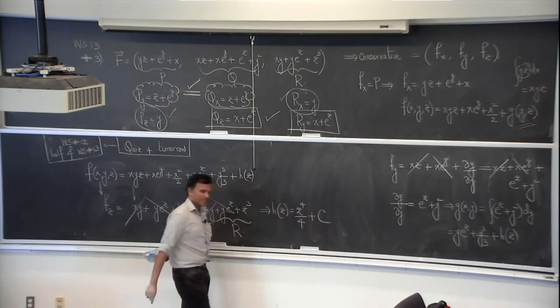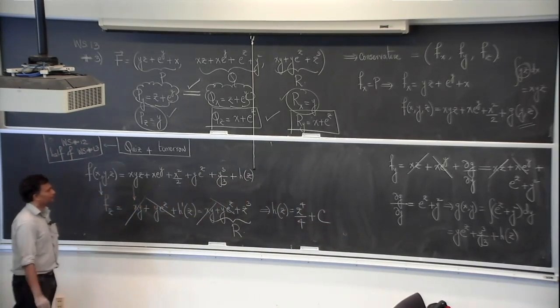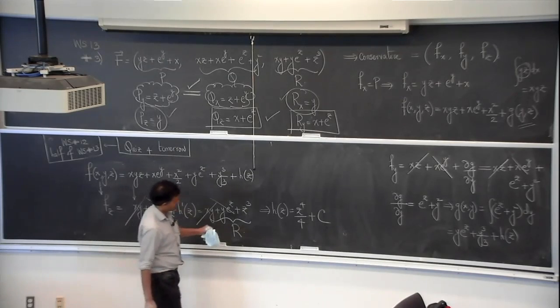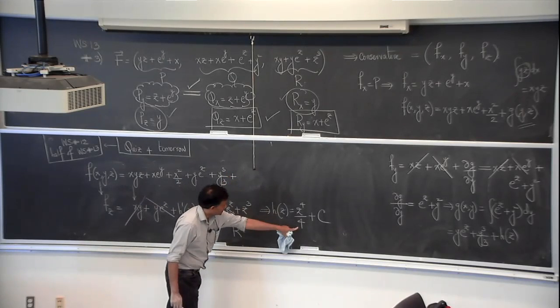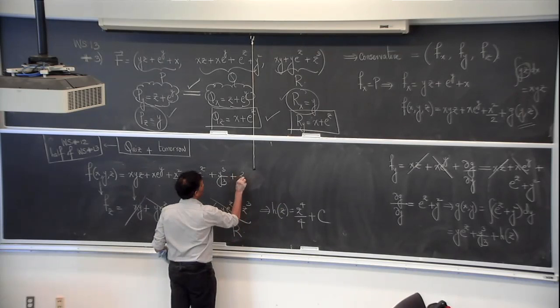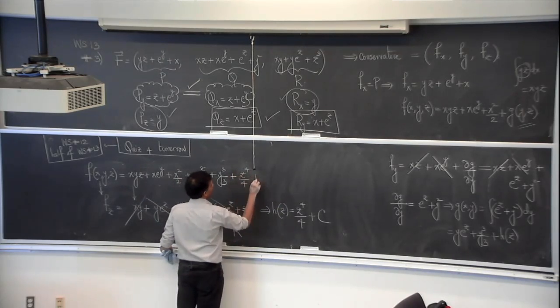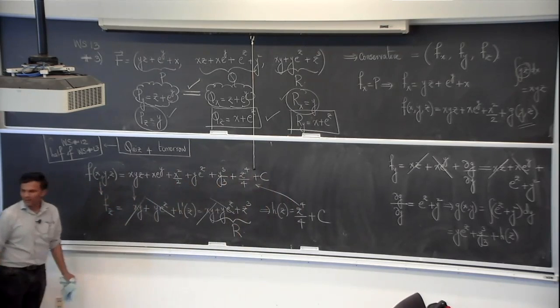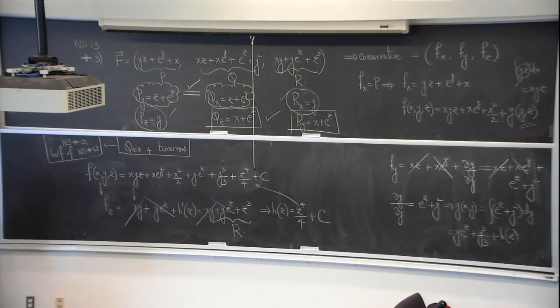Now you have plus c. Now, since I'm not in a mood to repeat this whole function again, I'm just going to erase this and just copy and paste there. Okay. There you have it. That is the beautiful potential function for this vector field.